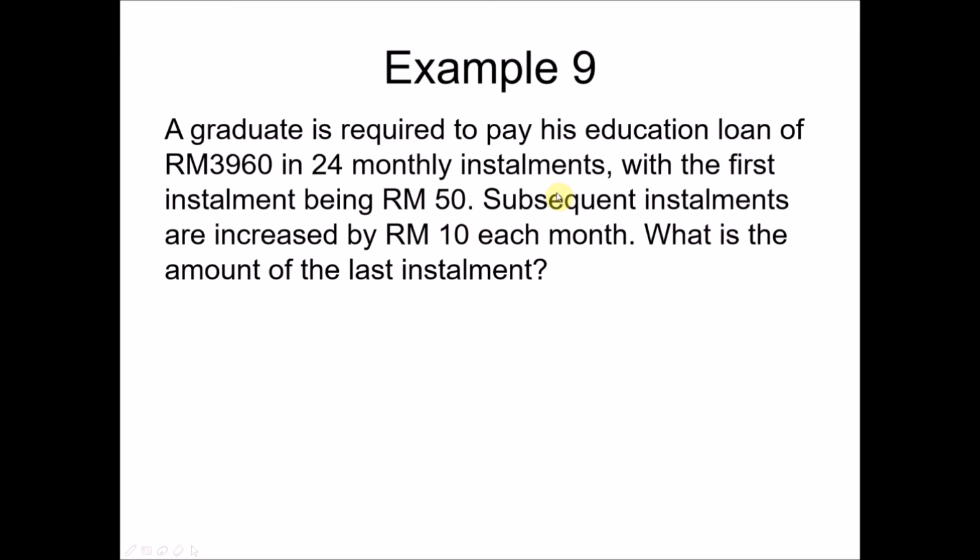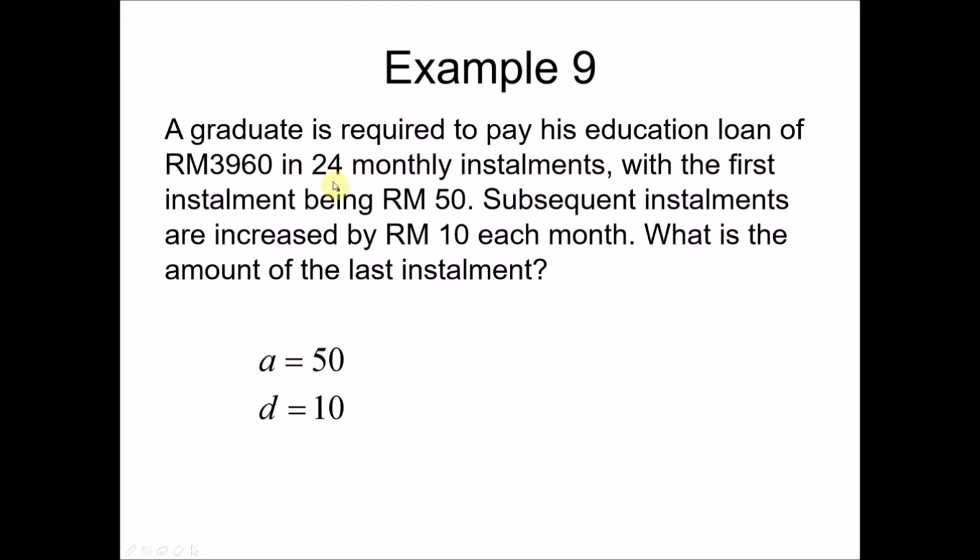This is actually an arithmetic progression with A, the first term, equal to 50, and D equal to 10, since the difference every month is 10. We want to find the last installment.